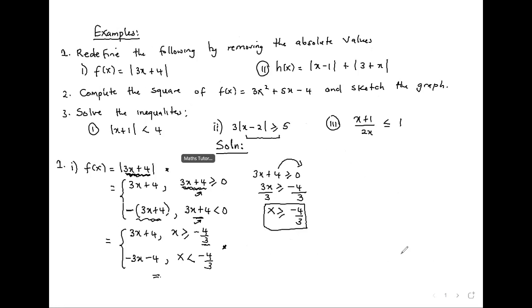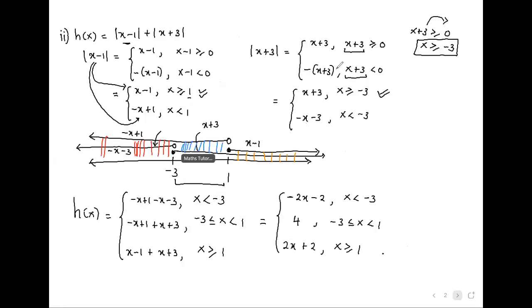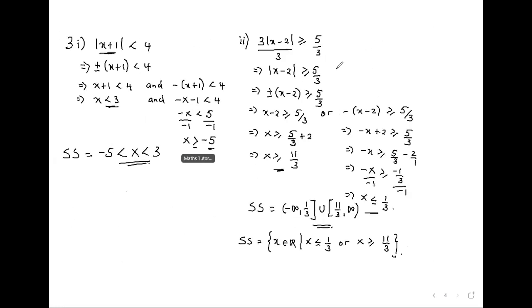And (x + 1) over 2x less or equal to 1. For inequalities, you don't cross multiply.